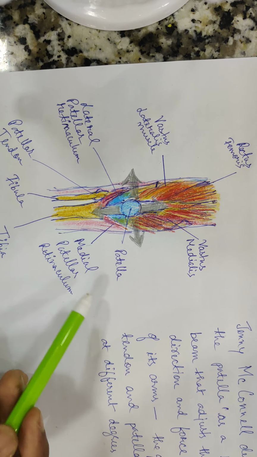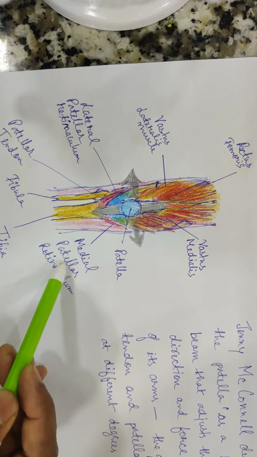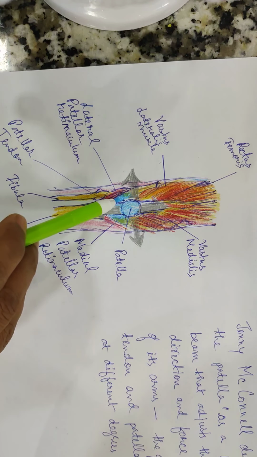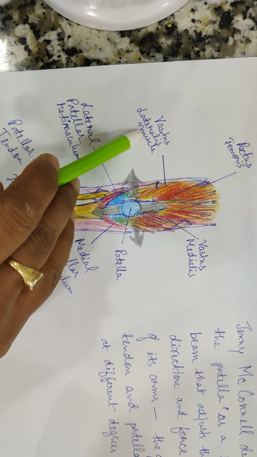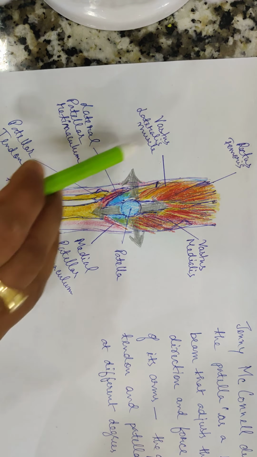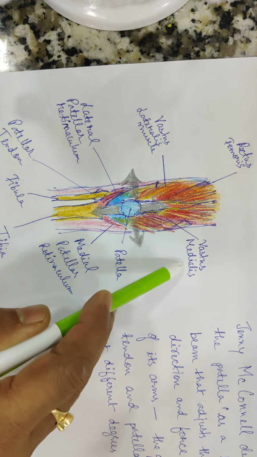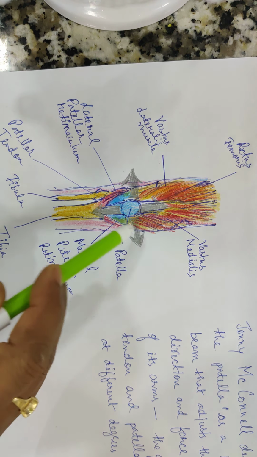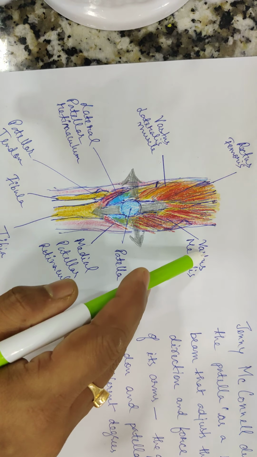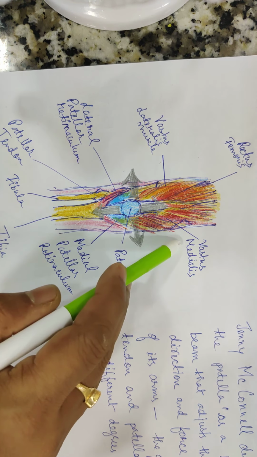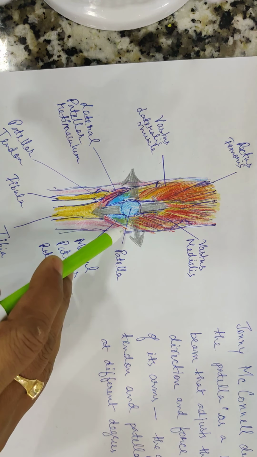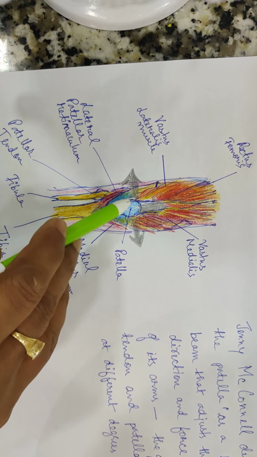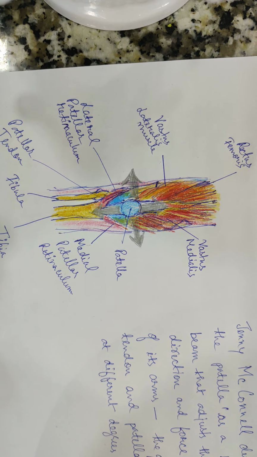So here you can see the medial patellar retinaculum, the lateral patellar retinaculum, the vastus lateralis muscle on the lateral side, this is the fibula, the vastus medialis, the rectus femoris on the superior side, and this medialis is called the VMO, which is the muscle which balances the patella in proper position.